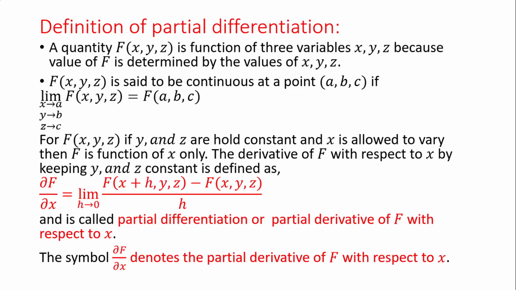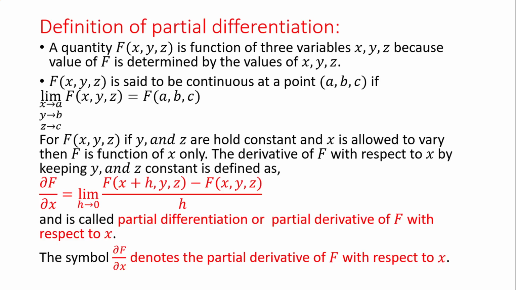So this is like the definition of ordinary differentiation, with the only change that a single variable is changing, allowed to vary, while the remaining are constant. So this is dou f by dou x, partial differentiation of f with respect to variable x.